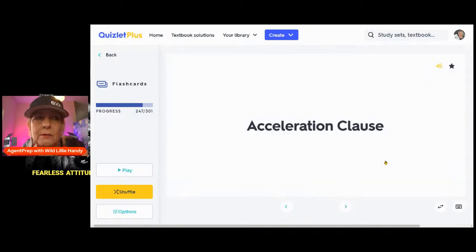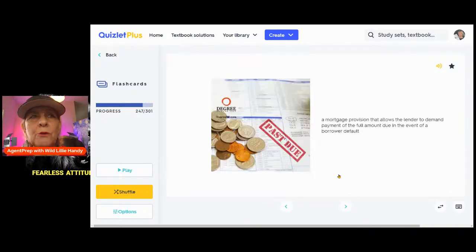Acceleration clause. Are you going to put the foot on the pedal? Okay, metal to the pedal. That's me. Acceleration clause, but somebody else also can do that. A mortgage past due provision that allows the lender to demand payment of the full amount due in the event of a borrower default.